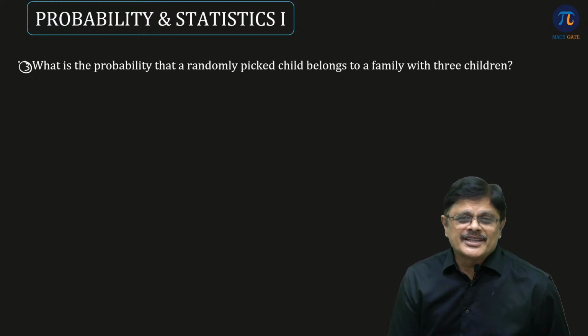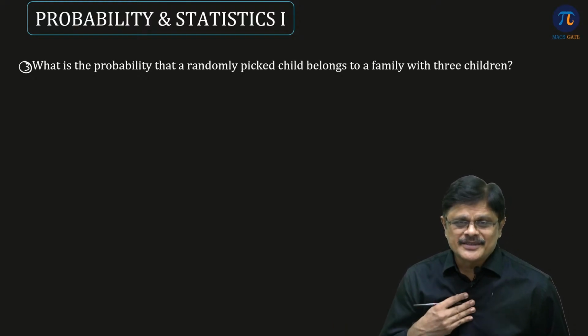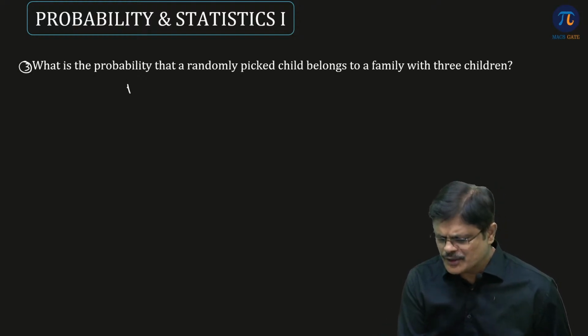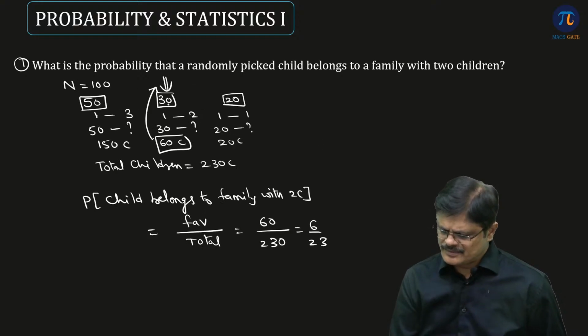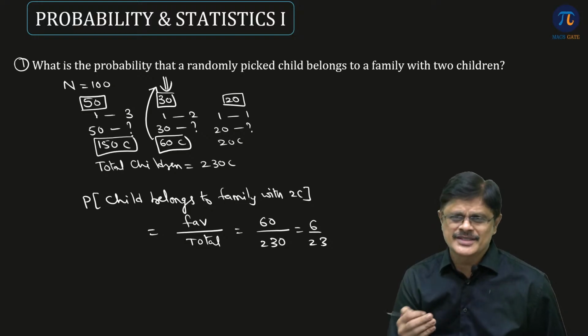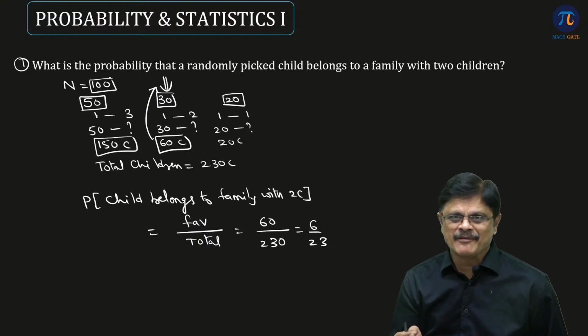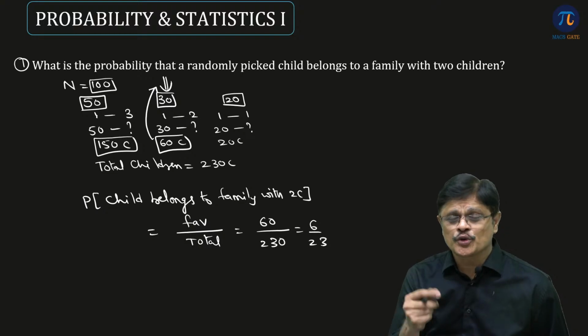The next one. What is the probability that the child belongs to a family with 3 children? Here total is 230 and favorable is 150, because there are 50 families, assuming 100 families total. So 50 families, each family having 3 children, so total is 150.